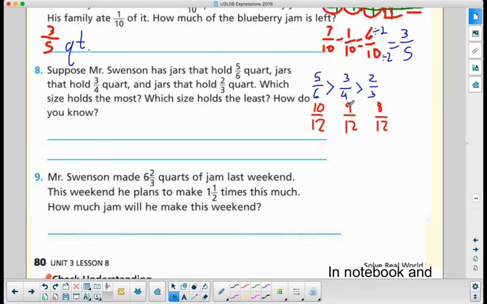Now all I have to do is compare my numerators. Having 10 twelfths is greater than having 9 twelfths. Having 9 twelfths is greater than having 8 twelfths. I was correct. So now let's go back and look at our question. Which size holds the most? 10 twelfths is the greatest, so 5/6 quarts holds the most.